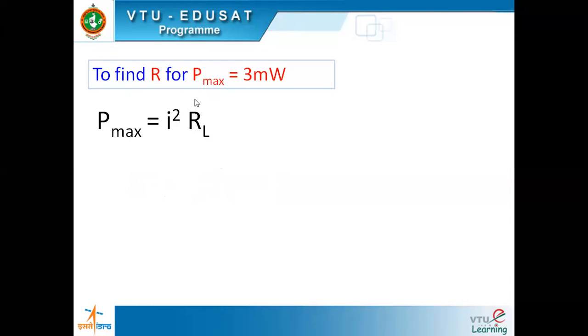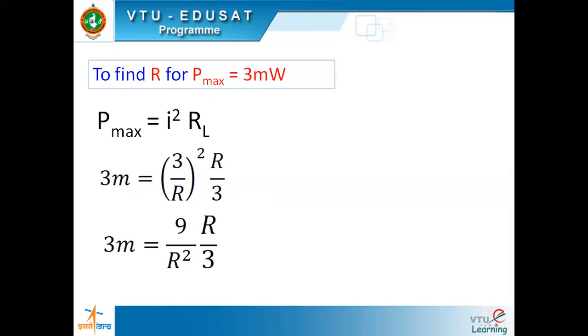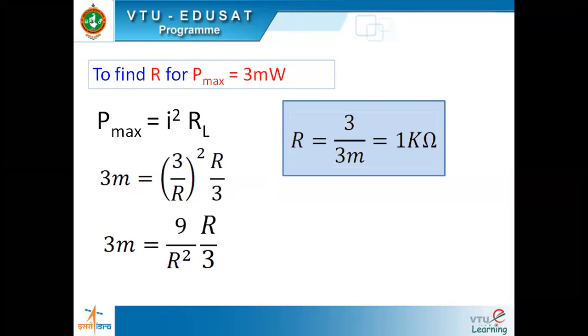When it is power delivered to the load resistance, then you can use this. Understand that? So R is going to be 1 kilo ohm. If you connect R to be 1 kilo ohm, then 3 milliwatts, the maximum power, will be transferred to the load, is what they are saying.